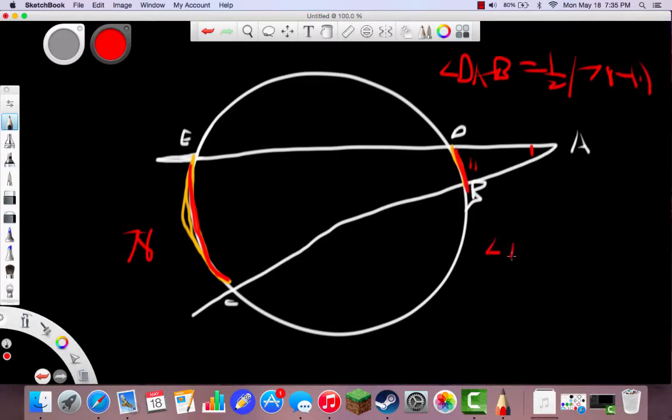I'm just going to jump down here because there's not enough space there. So angle DAB is going to equal half of 78 minus 11. And 78 minus 11 is going to be 67.